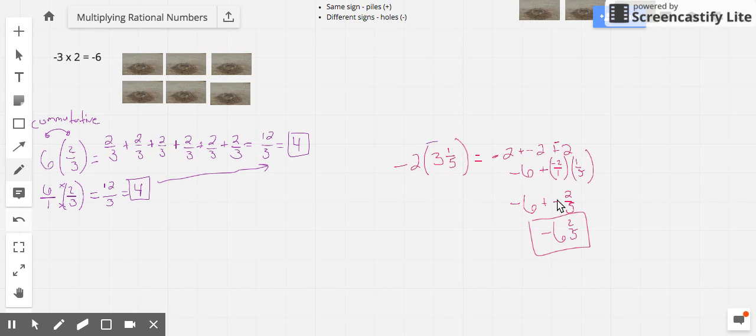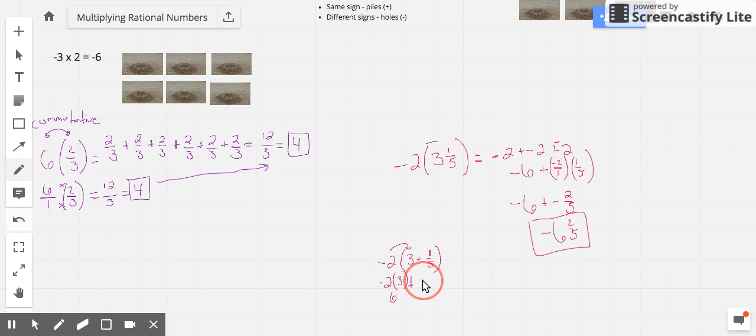But again, I don't know if I want to do that whole repeated addition thing. It kind of drives me crazy. So let's see if we can find another way to do it. Way number 2, I take my -2. I split my mixed number into 3 plus 1/5. Use the distributive property a little bit. Do -2 times 3. Or excuse me, the opposite of 2 times 3, which is 6.